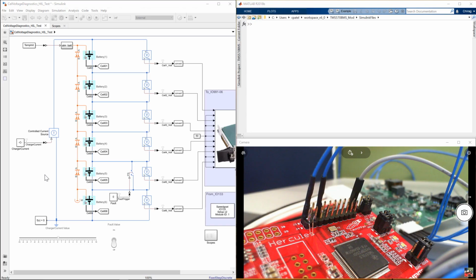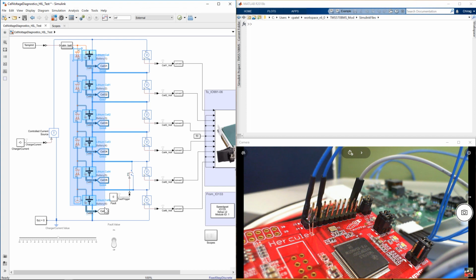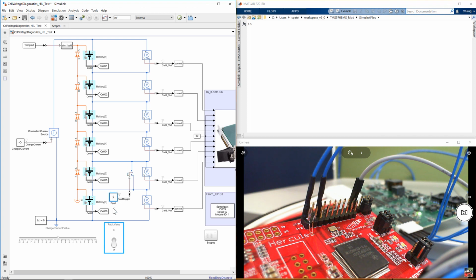We start with a test model which allows us to simulate battery cells and generate fault scenarios. Here in this test model, we have a small battery pack with 6 cells connected in series. To simulate a fault, we added a switch which allows us to short 2 cell terminals without any real physical consequences and test the response of the controller.